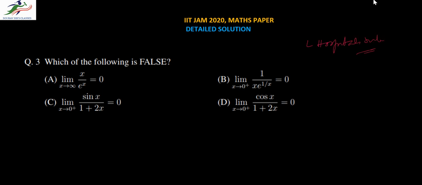It's very clear, and we can clearly make out from the first one, x over e to the power x, where limit x tends to infinity. Now, even if we don't know this rule, what will we do? We will just put the values of x as infinity in both the numerator and denominator, and we'll get infinity over infinity.